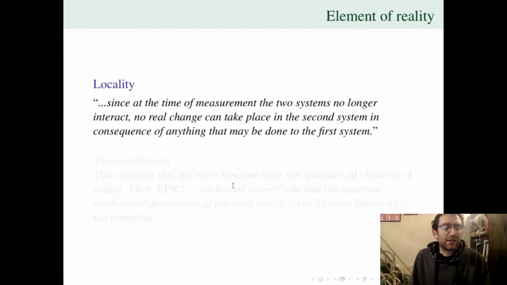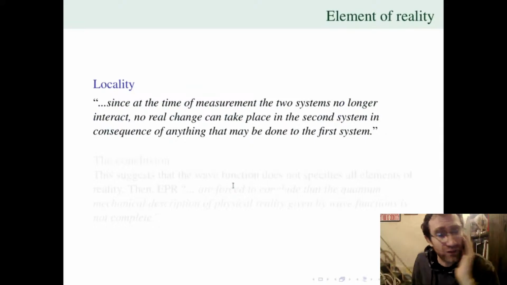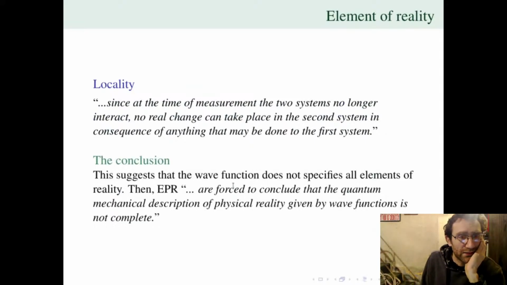But the problem is that if you use an entangled state, for example a singlet state, you will be able to predict the value of the spin of the second particle because they are correlated. So this is the typical entanglement paradox, if you want to call it that way.